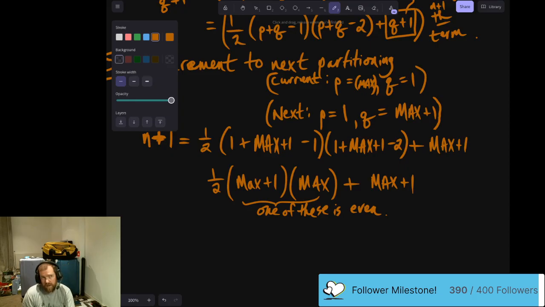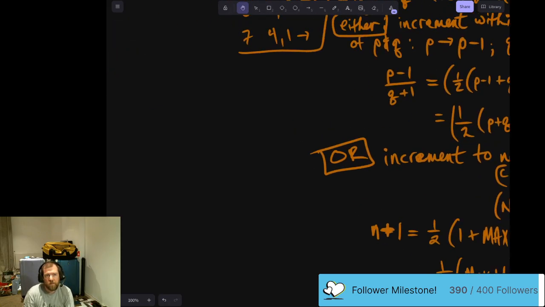This is n plus 1 all over 2. So this is the sum of all integers up to our previous maximum, which is n. No, it's not the previous, it's not n. It's just the previous maximum number. All integers. That's weird. Right?